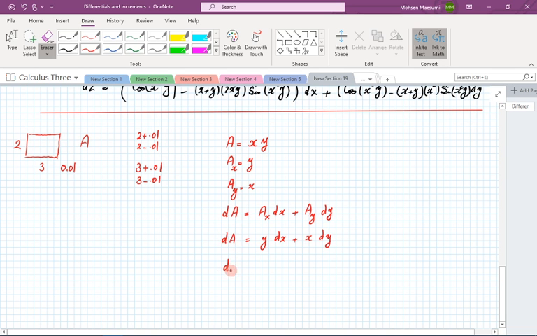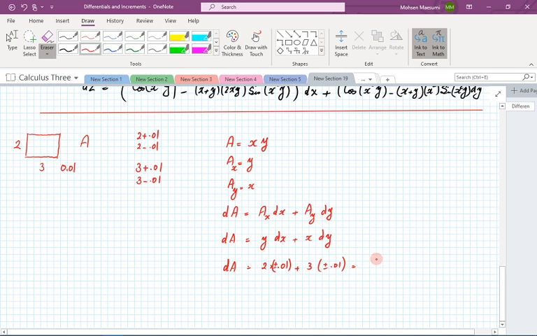So the differential of A, which means the error that is propagated from the error of measurement of the sides to the whole area, is going to be y, which is 2, times dx. dx we have assumed to be plus or minus 0.01, and then x is 3 times plus or minus 0.01 again.